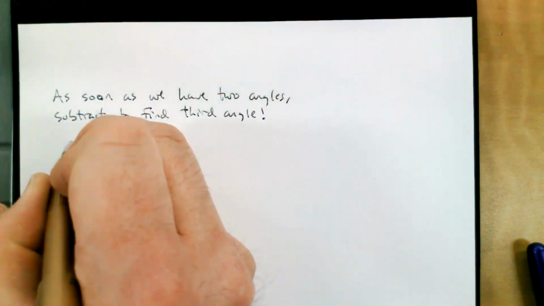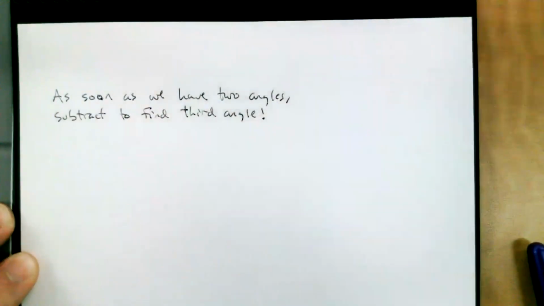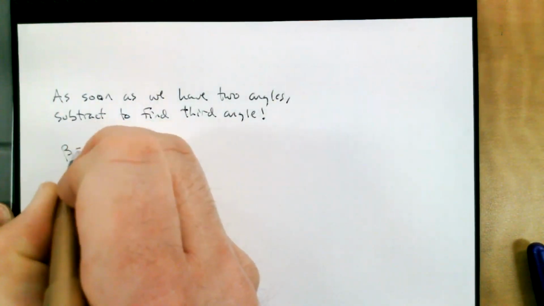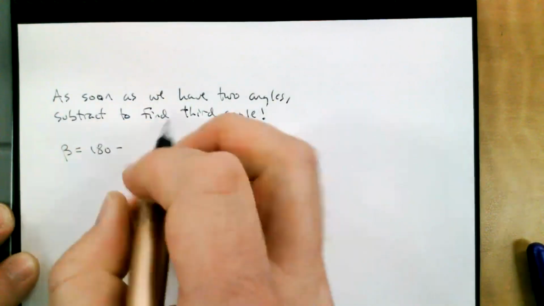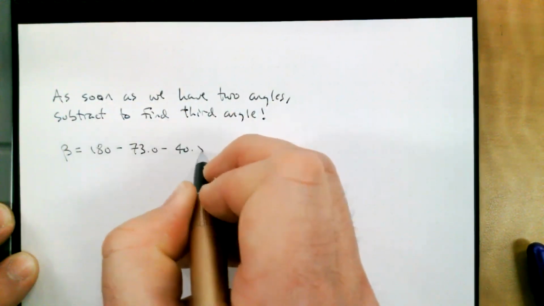So alpha, oh, we solved for alpha. Beta is 180 minus 73 minus 40.8.